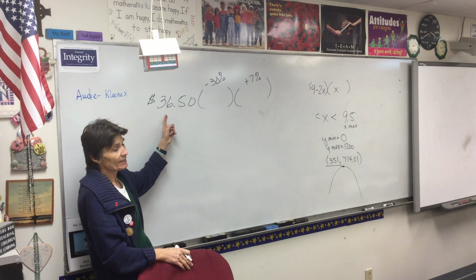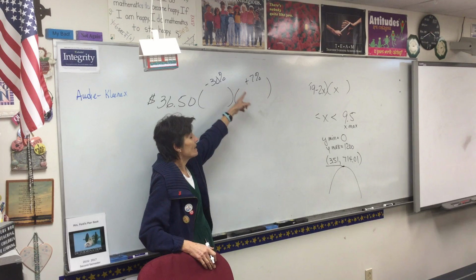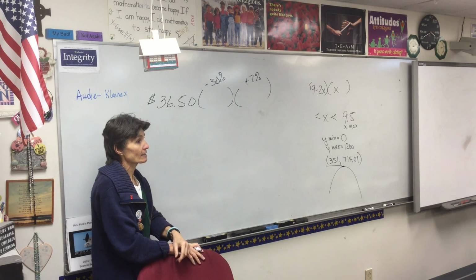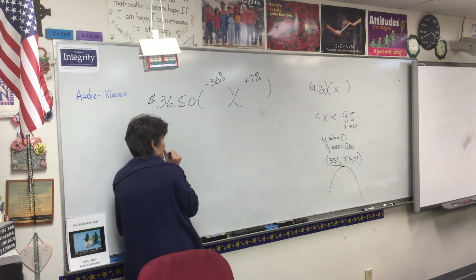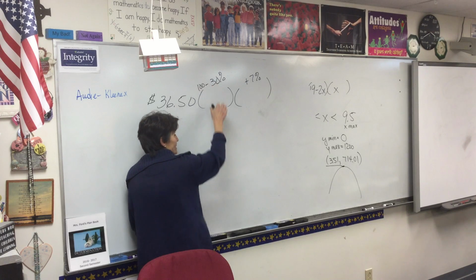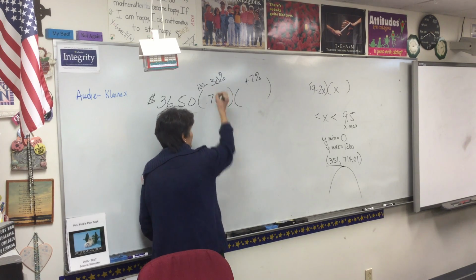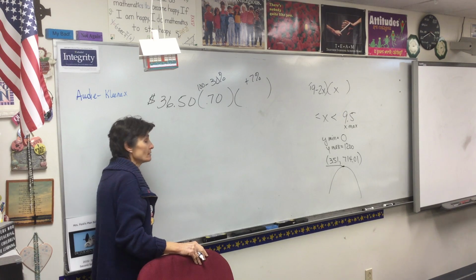This is what the price tag says. There's a 30% discount in the store, and I gotta pay 7% tax. So, the 30% discount is off of 100%. So 100 minus 30 is 70%. So I'm gonna multiply by 70%.